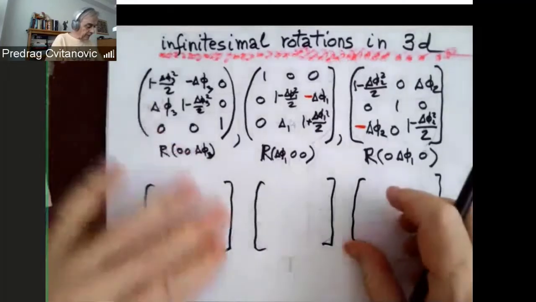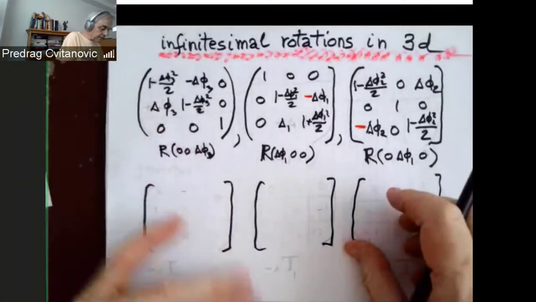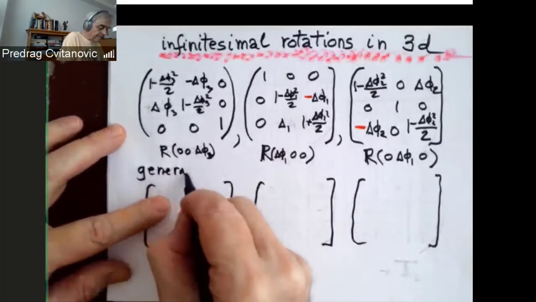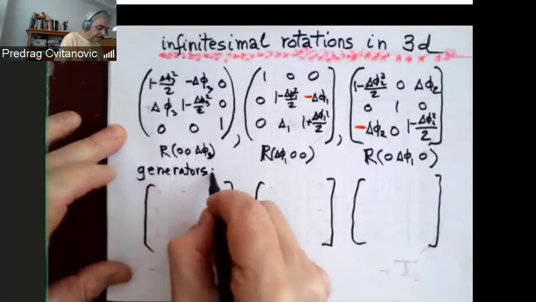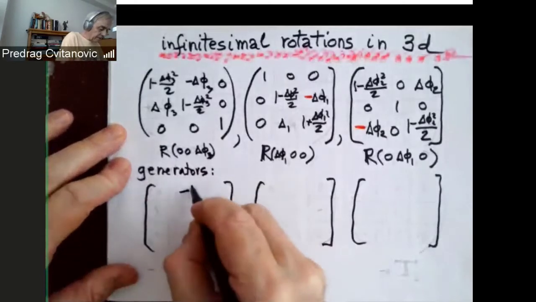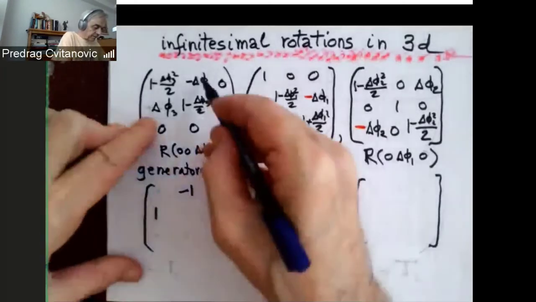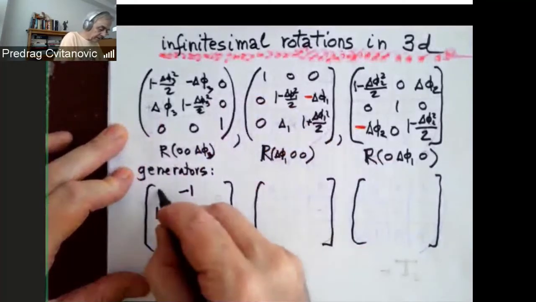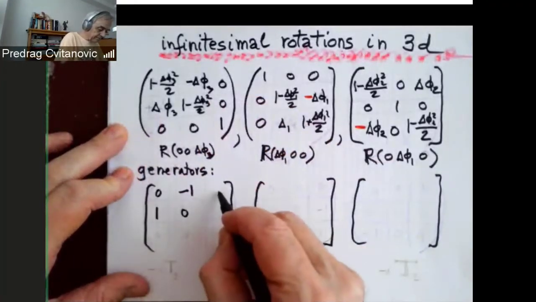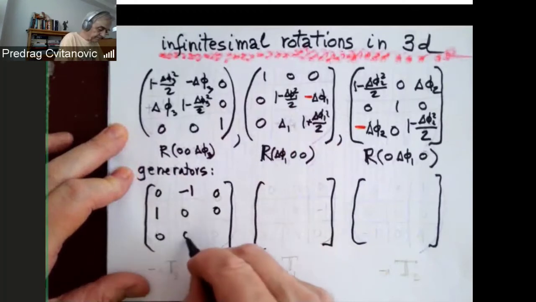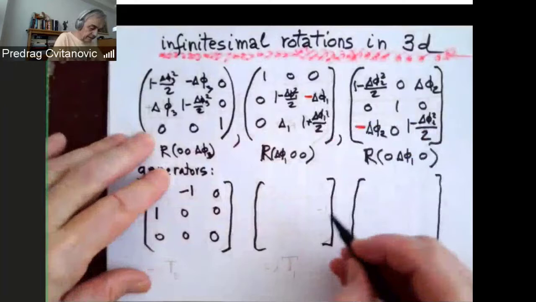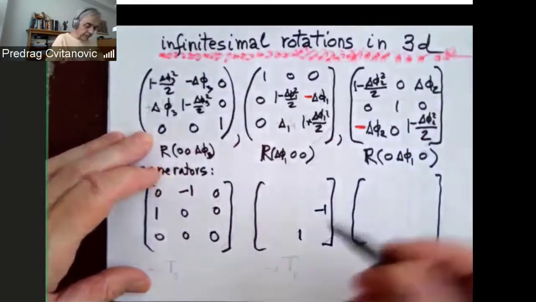And now I read off my usual generators. So here I get minus 1, 1 from these 2 guys. And everybody else is 0, so let me fill it out. From this guy, I get minus 1, 1, and everybody else is 0.